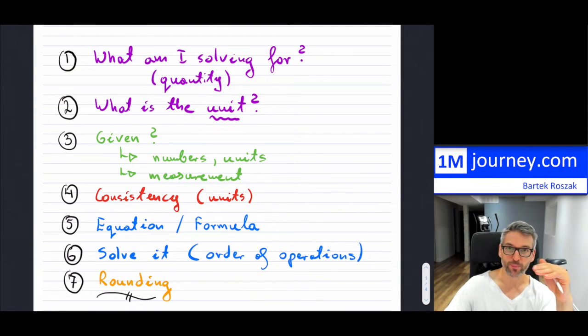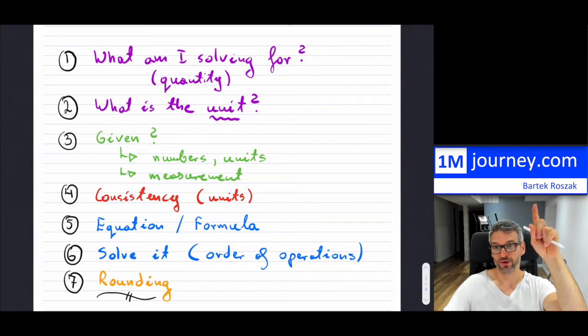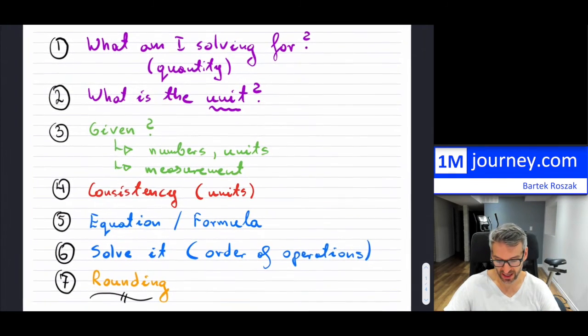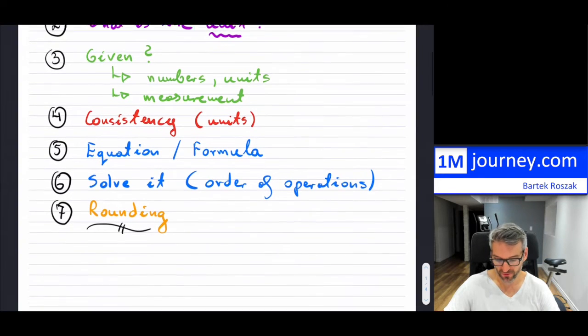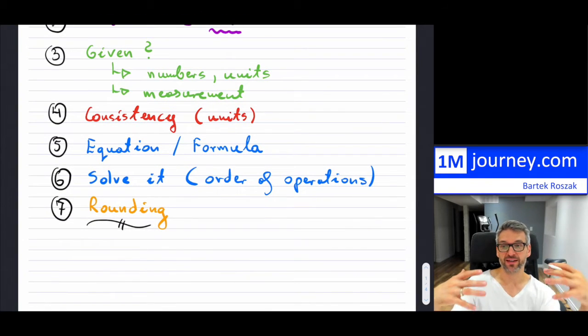Number 4, then I start thinking about whether the units are consistent. If you forgot about consistency, again, I'll put up a link up above so that you can see it for yourself and review it. Only then do I start trying to formulate, either maybe there's a given formula, or maybe I'm going to create my own equations or expressions to solve this problem.